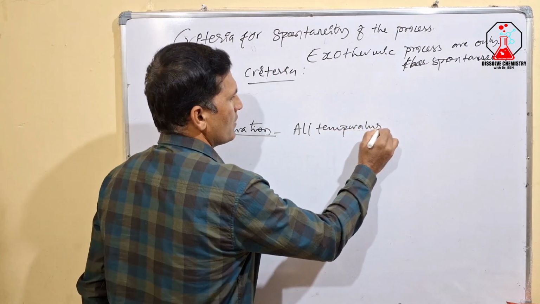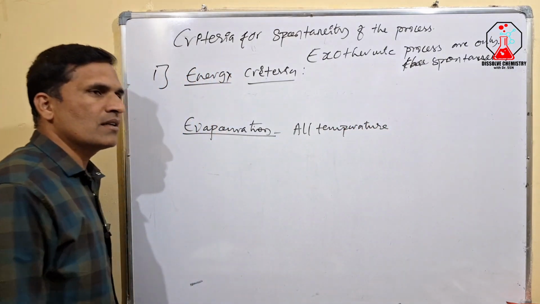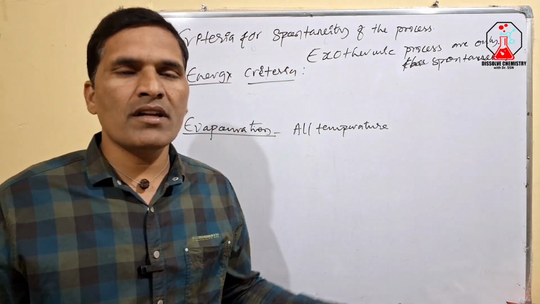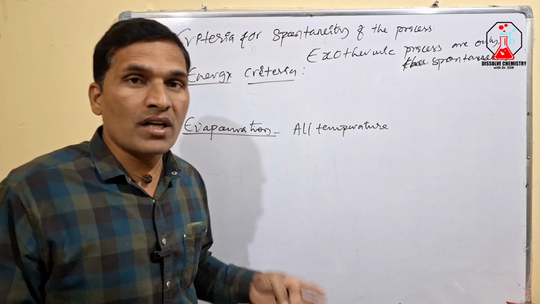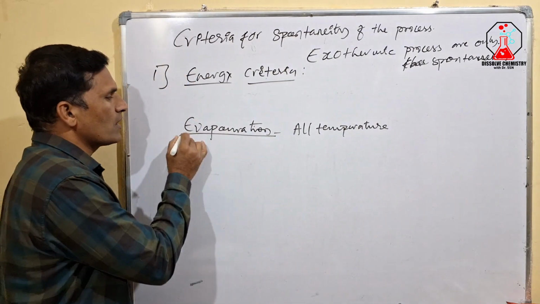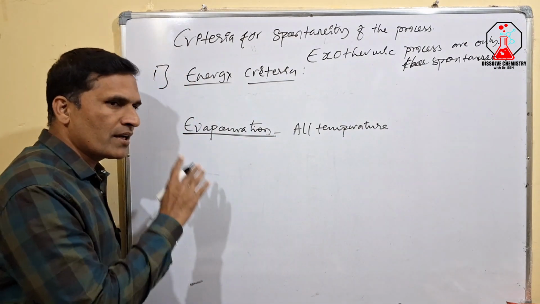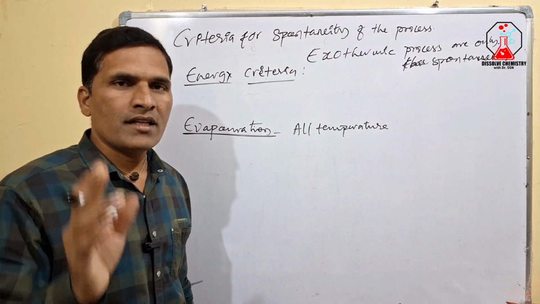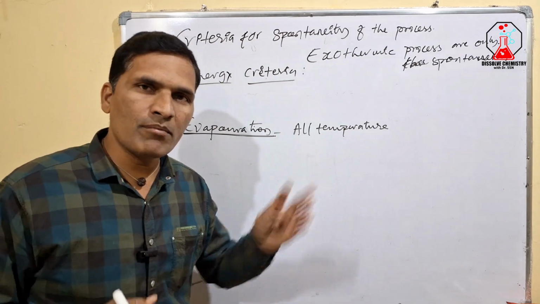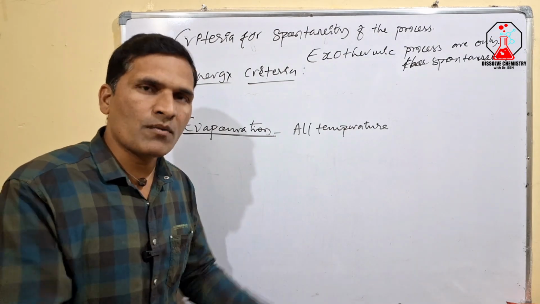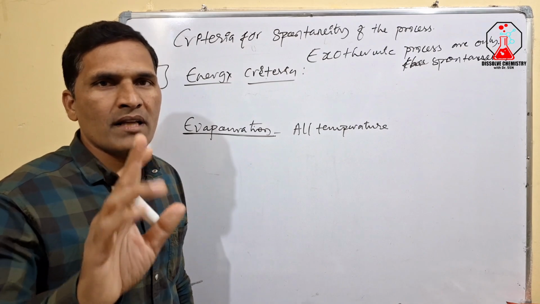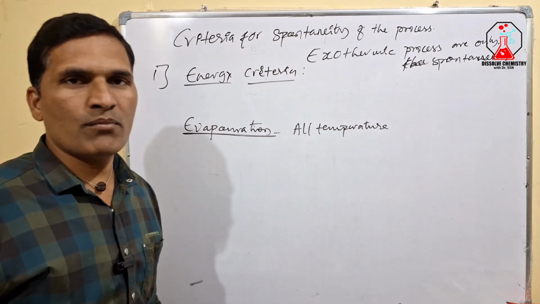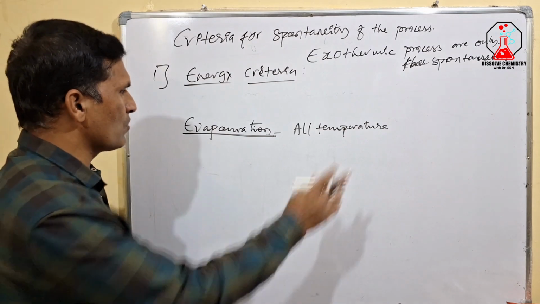Even if you keep the water at room temperature, by environmental factors it will evaporate on its own, naturally, spontaneously. Evaporation and vaporization are two different things. Evaporation can happen at any temperature and it will happen spontaneously, and vaporization always happens at the boiling temperature or boiling point. You should make note of that.